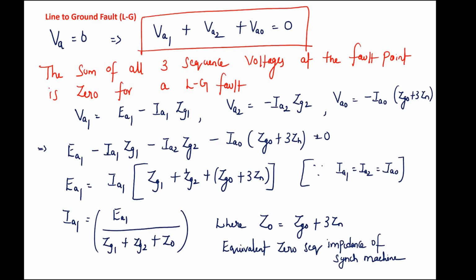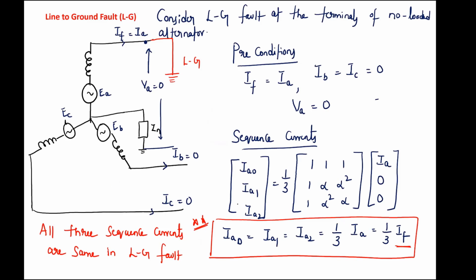See, if you don't ground the neutral of the alternator, that means if I remove this Zn and keep the neutral open, then what will be the Zn value? Your Zn value tends to infinity. It is open circuit.